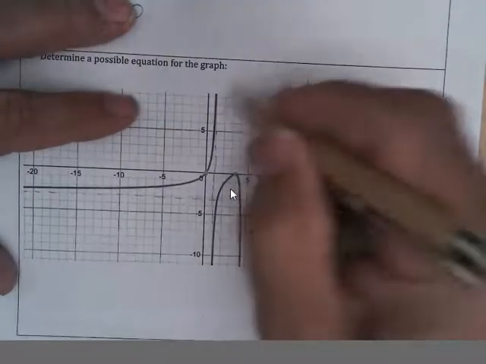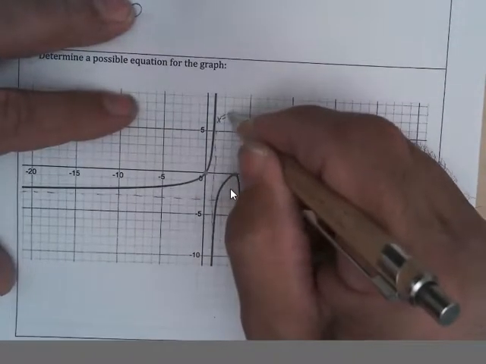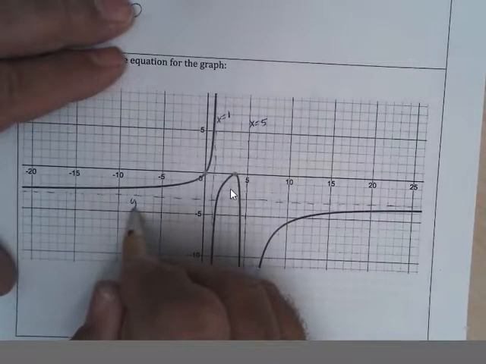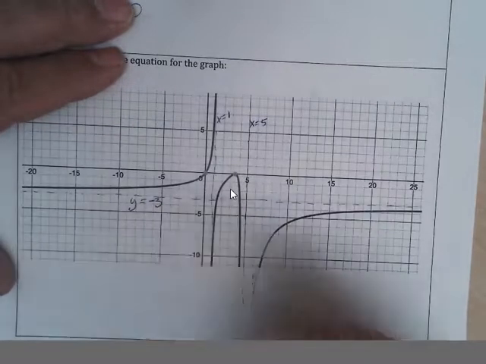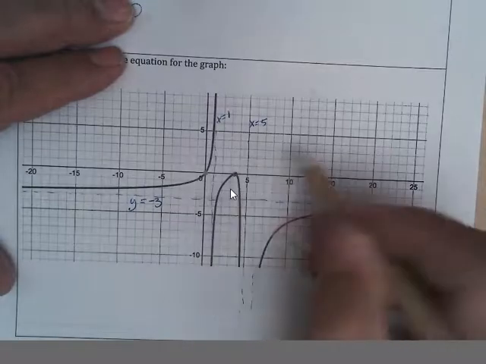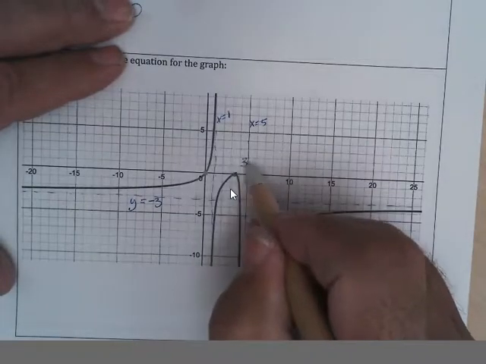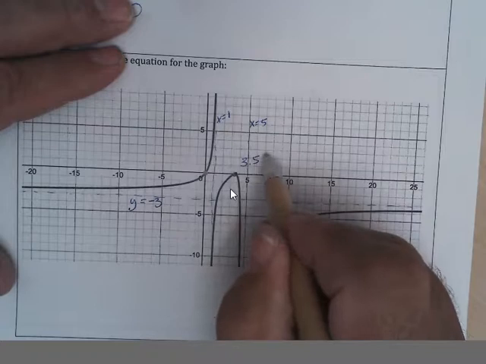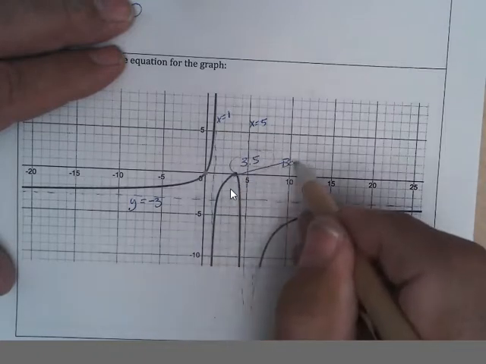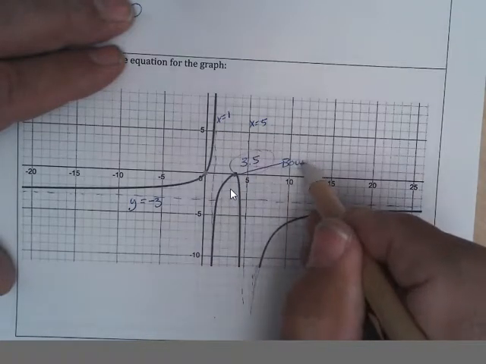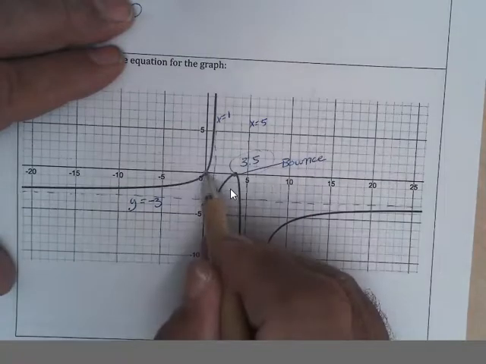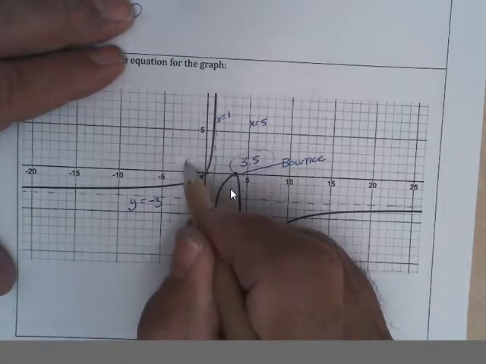So we have x equal 1, x equal 5, y equal -3, and we have an intercept that looks like 3.5, and it's a bounce, so it's a double one. And this one goes straight through at 0.